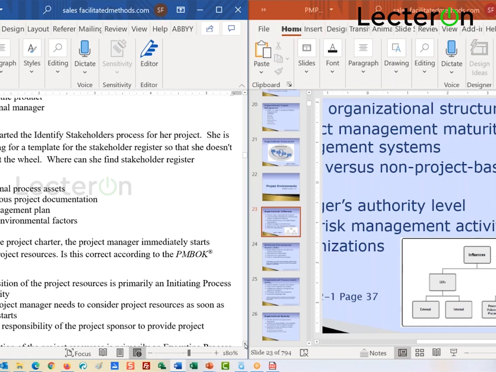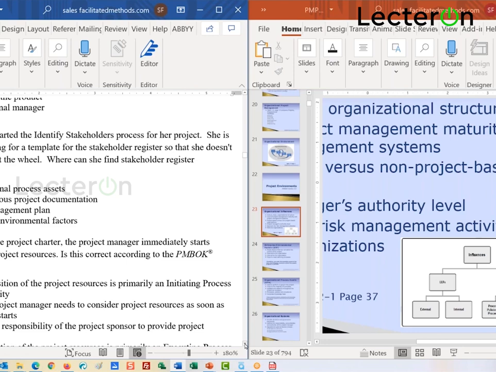Templates are specific project management policies and procedures. Those are specific OPAs, so think of that when you're talking about previous project documentation. Yeah, that's where she could find one if she'd done it before, but it's not as good an answer.